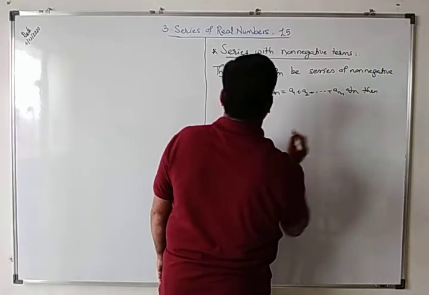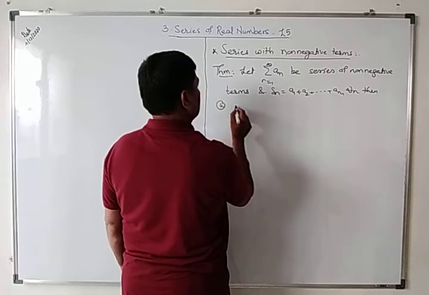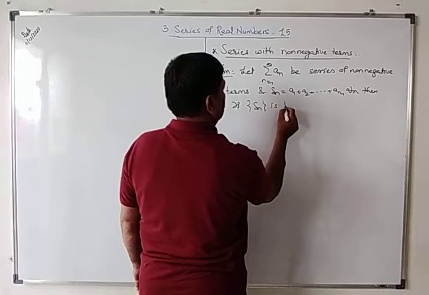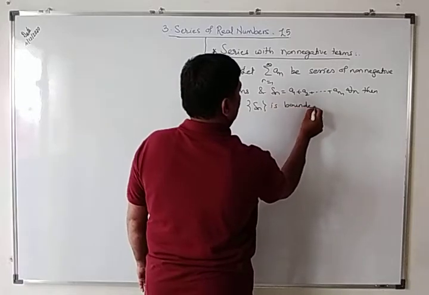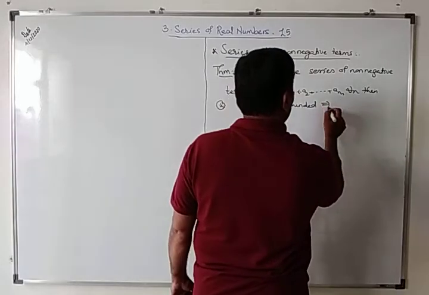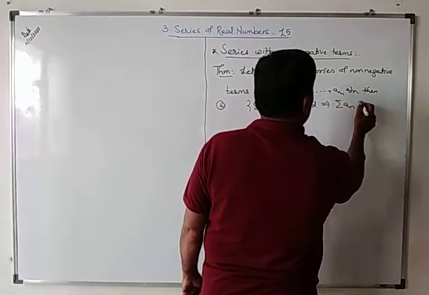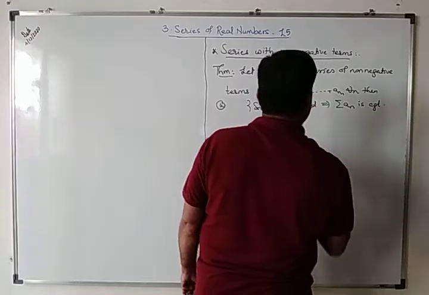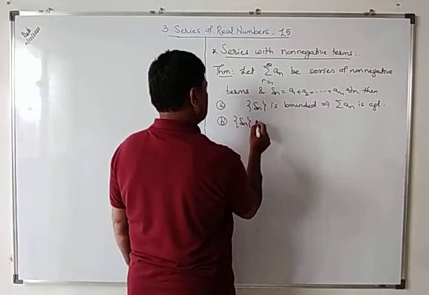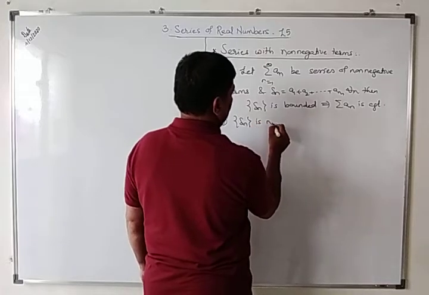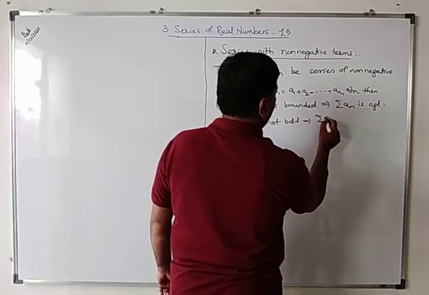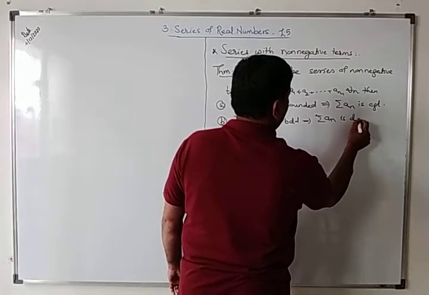Then (A) if S_n is bounded, this implies summation a_n is convergent, and (B) if S_n is not bounded, this implies summation a_n is divergent.